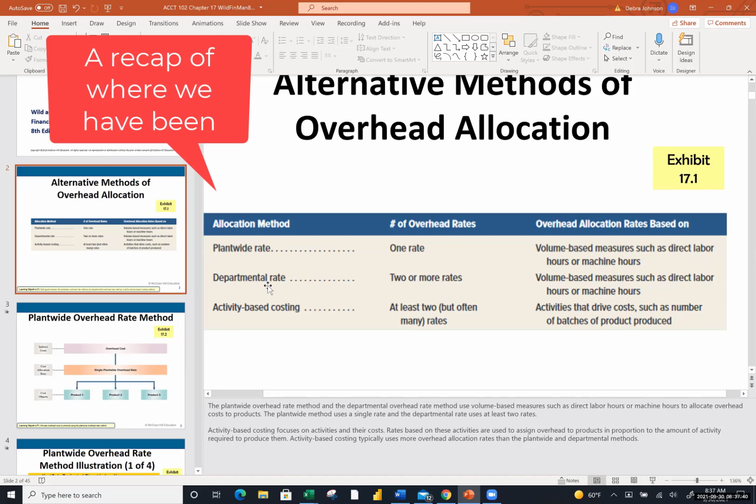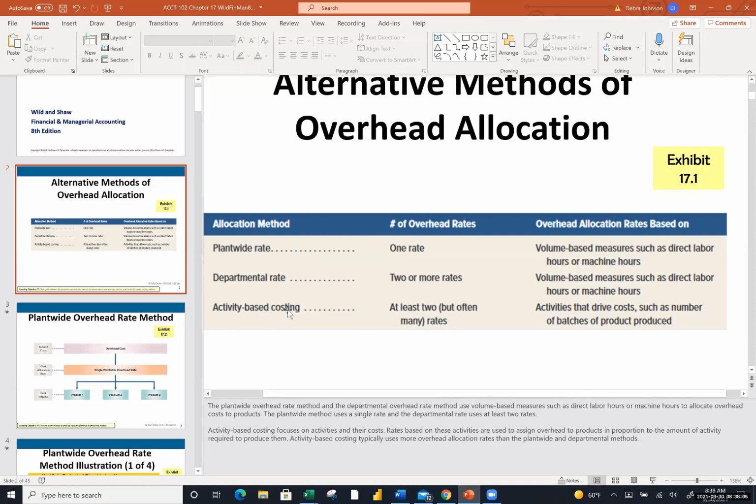If it was a company that deals specifically in some type of entity, for example, Hertz might be able to use business miles or car miles on the different overhead that they incur. It is still volume-based, but it does allow us a little bit of delineation between the two or three or four or five departments.